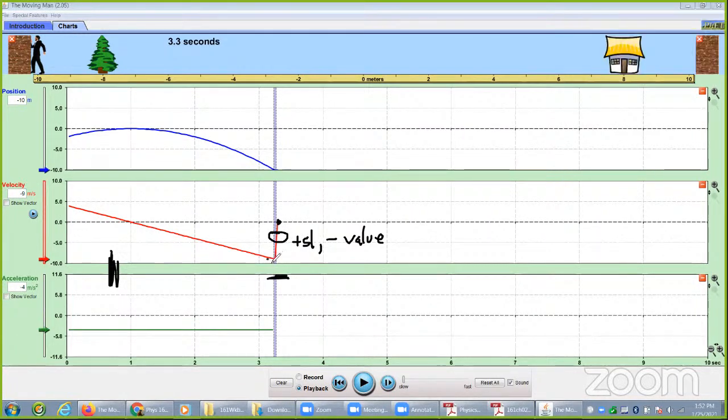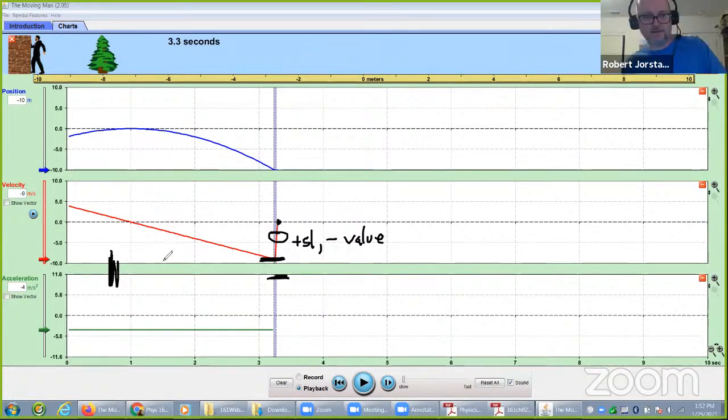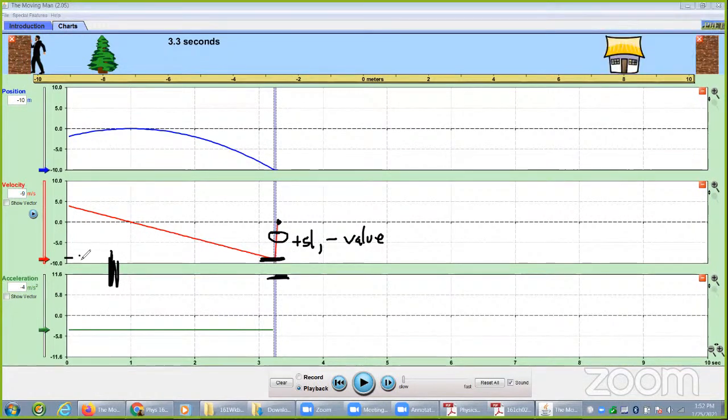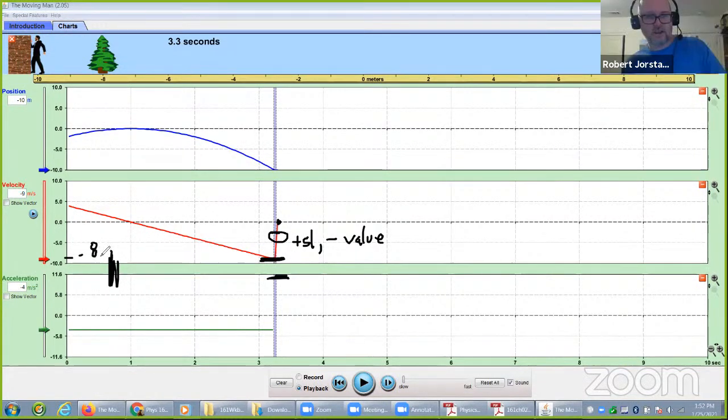What's the speed right here? About, if you could eyeball it. -8. -8, let's say somewhere. Let's say, okay, how about I just say -8.5-ish? Something like that. So we know your speed goes from 8.5, the absolute value of that, to 0. So it is slowing down. The velocity is -8.5. The speed is 8.5.